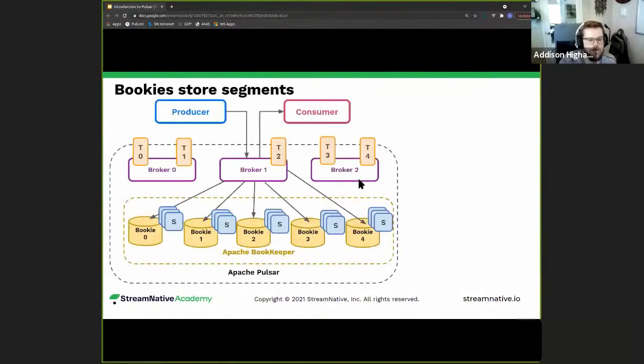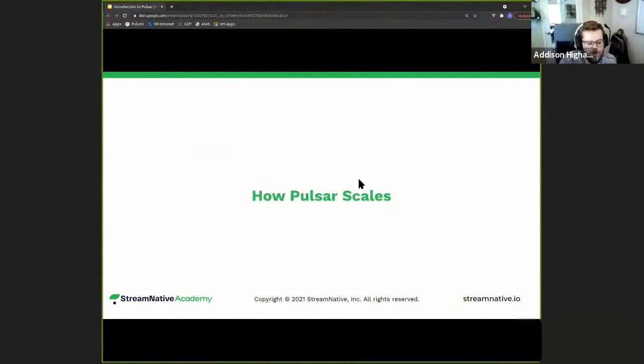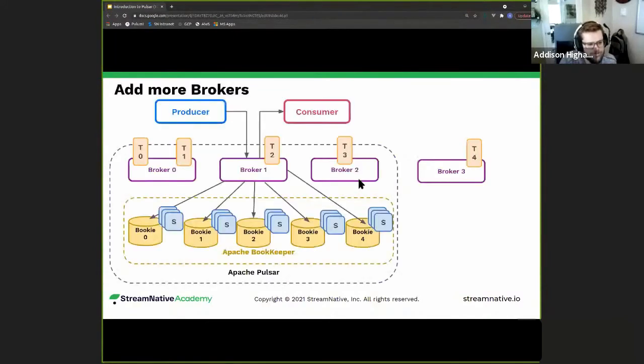With that in mind, we'll talk about how Pulsar is able to scale. First, let's suppose that our brokers are getting busy. We need to add more brokers, so we add an additional broker. Because this component is stateless, Pulsar will notice that there's new capacity, and topics can easily be reassigned to shift load around the cluster.